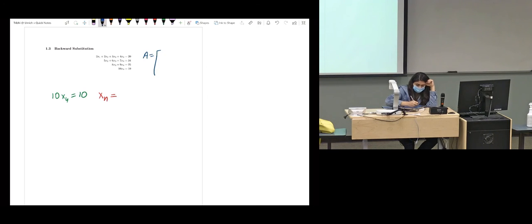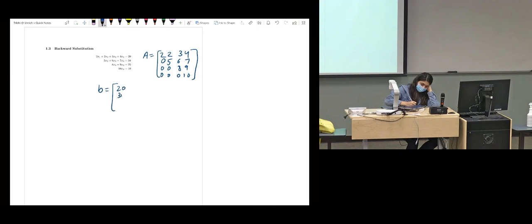What is my A? Just assume it's from the previous step. It's 2, 2, 3, 4, 5, 6, 7, 0, 5, 6, 7, 0, 0, 8, 9, 0, 0, 0, 10. And then B was simply 20, 34, 25, 10.